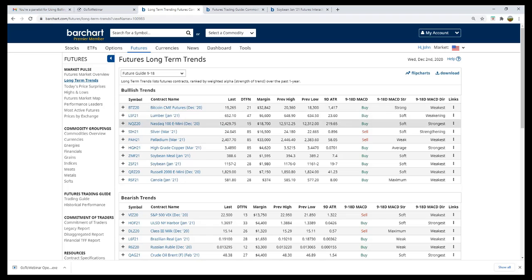All right. Here are my margins, right? You can see that these top 5 here have very, very high margins. As a matter of fact, you thought Bitcoin was high. Palladium is one of the highest margin markets out here. But if I go down a little bit lower, I do see that soybeans is only about 1,900, 2,000 margin.